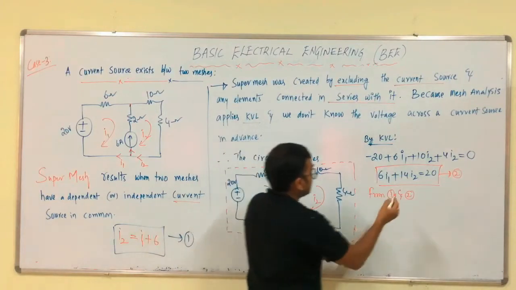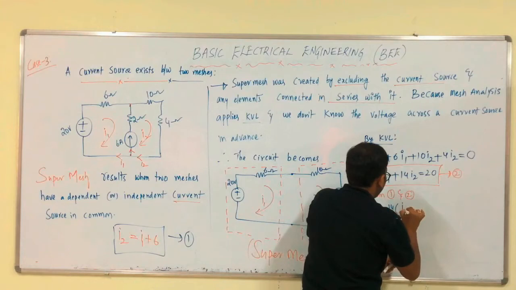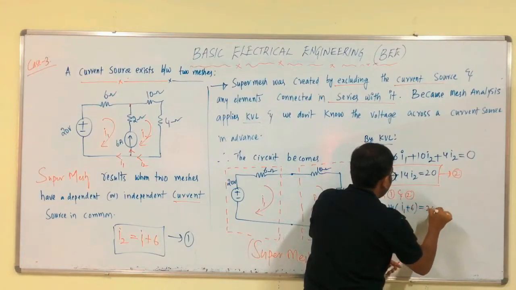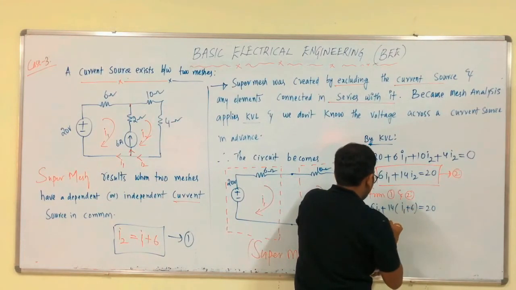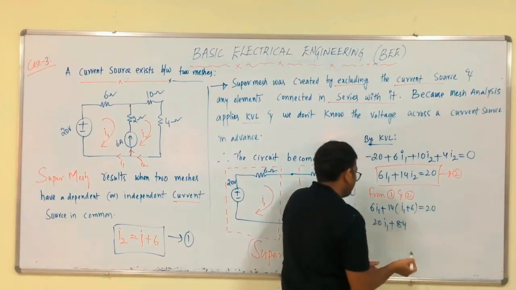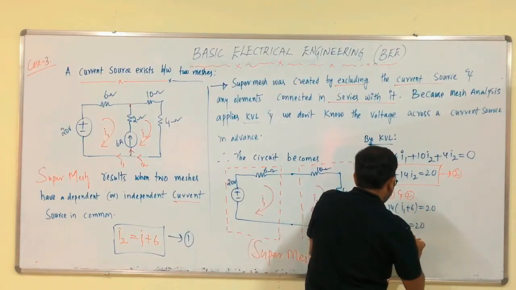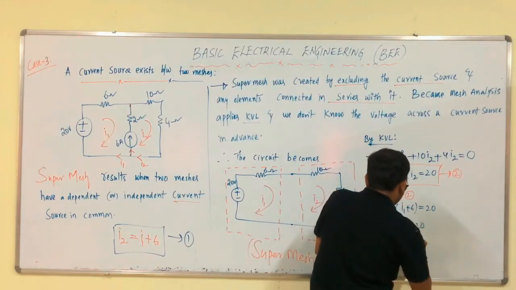I2 is equal to I1 plus 6. So, 6 I1 plus 14 into I1 plus 6 is equal to 20. That is 20 I1 plus 84, which equals 20. 20 I1 is equal to minus 64. I1 is what? Minus 3.2 amps.